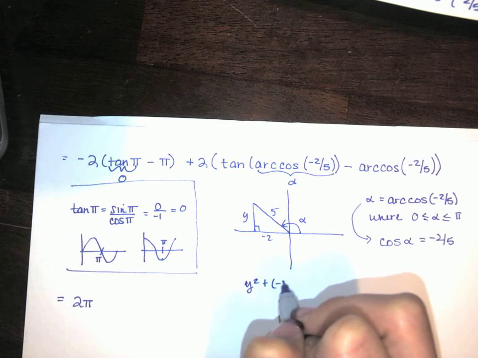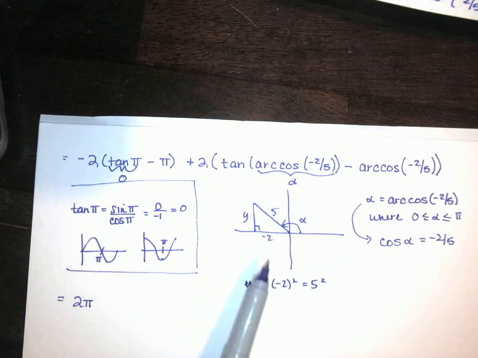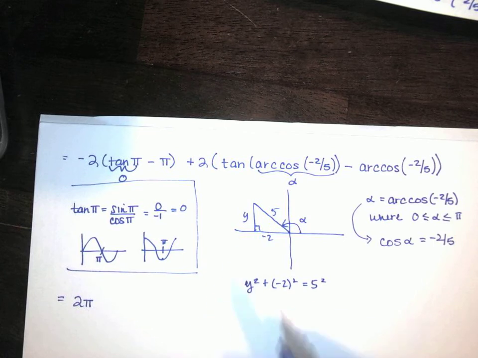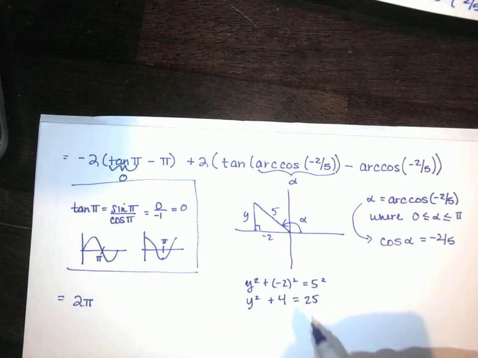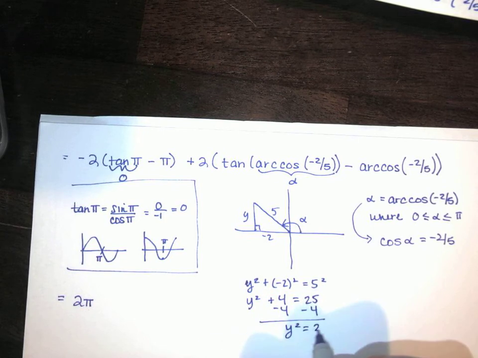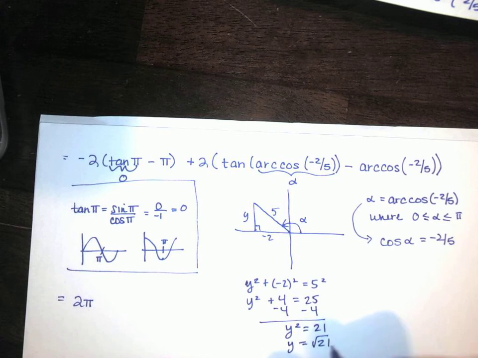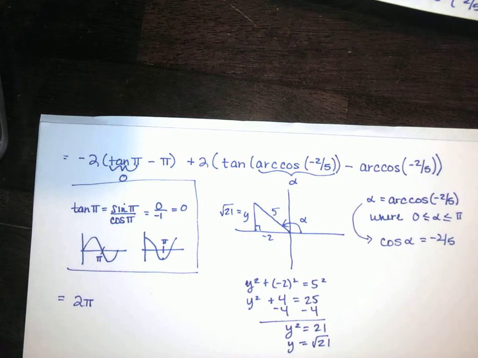Y squared plus negative 2 squared equals 5 squared, by the Pythagorean theorem: this squared plus this squared equals that squared. Subtract the 4 from both sides, and we get y squared is 21. So y is the square root of 21. Not pretty. That's okay.